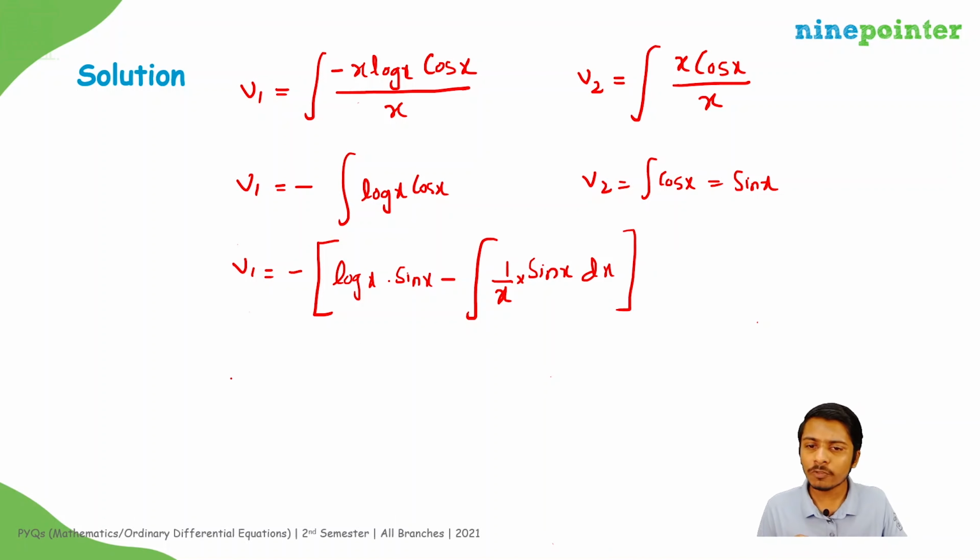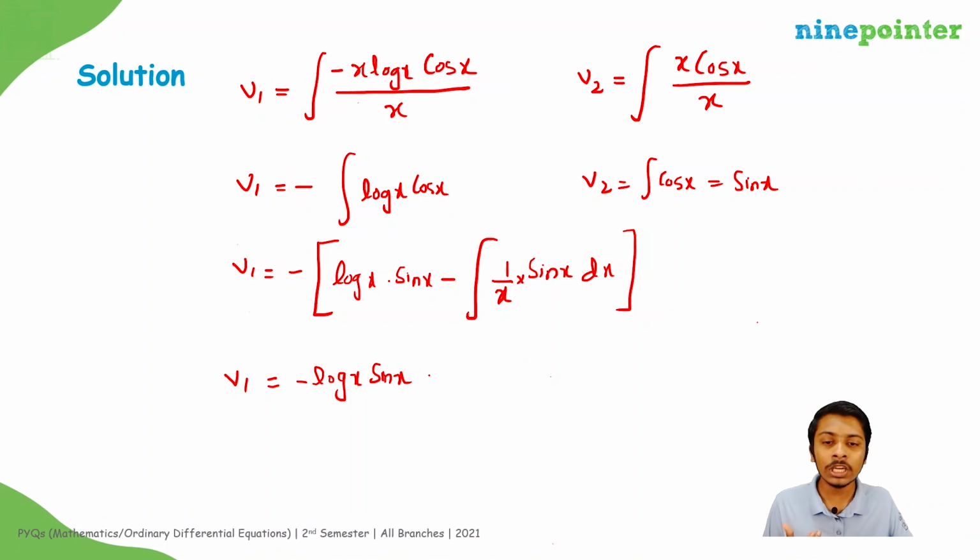So I got v1 but not completely, and for completely evaluating this v1 I need to find the integral of sin x by x, which you might know is not a so trivial integral. It's not so easy to integrate this thing, and for us actually integrating that term is not even needed. So I will simply leave it as it is because I don't have any other option left. There is no easy method to integrate that function. So I will have minus log x sin x, after multiplying this minus on the outside, plus integral sin x by x dx. I will leave it as it is.